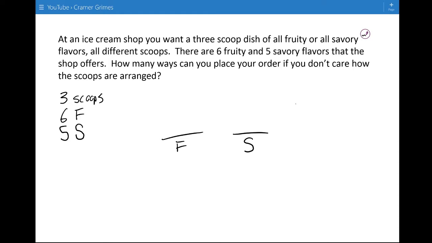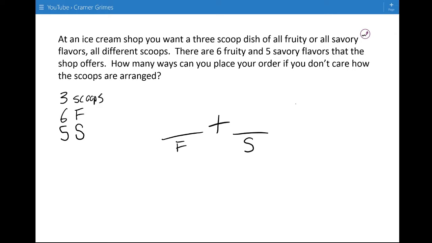And in combinatorics, when we're dealing with 2 ideas and they're linked with or and and, we generally do different things. Here, it's not and, it's or, so I'm going to add. If it was and, then we would generally multiply.